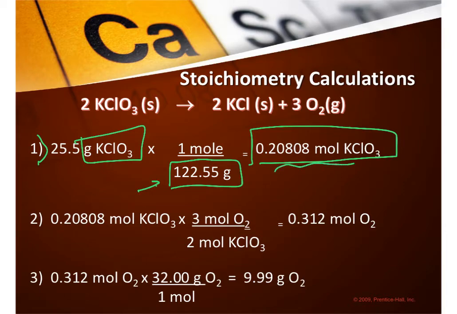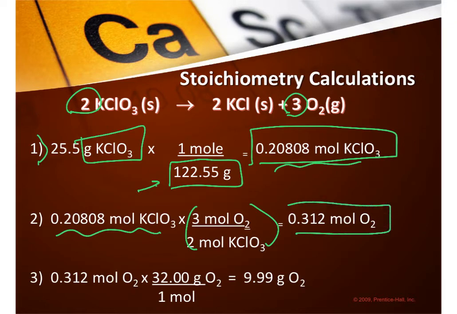Once we have moles of KClO3, we're going to use a mole ratio, and that's just from the coefficients in the balanced reaction, to convert to moles of oxygen, because that's what the problem's asking for. That was the first question asked. The second question is how many grams of oxygen.